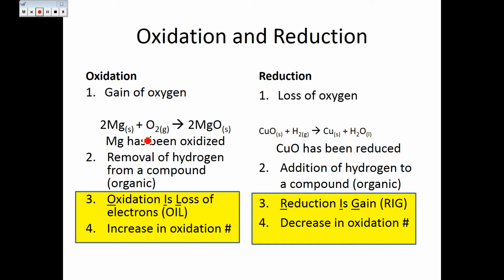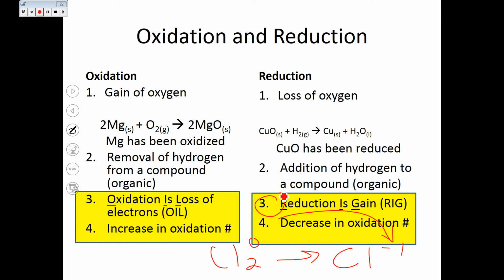A decrease in oxidation number would be like Cl2 to Cl -1. So your oxidation number is going from 0 to -1. So you are going down in oxidation number, and it also means that you are gaining electrons, which checks out with the RIG part of OIL RIG.